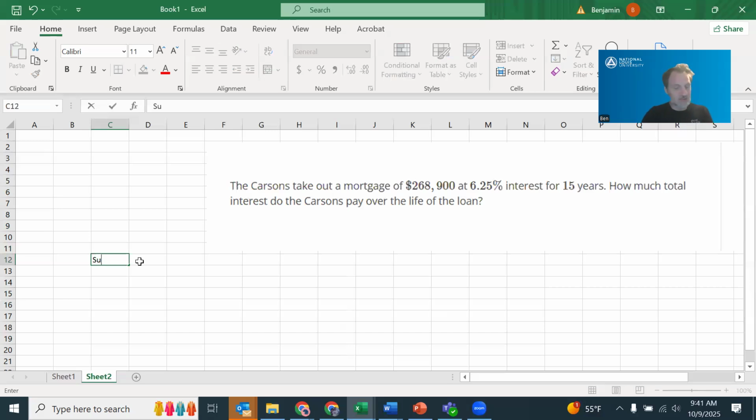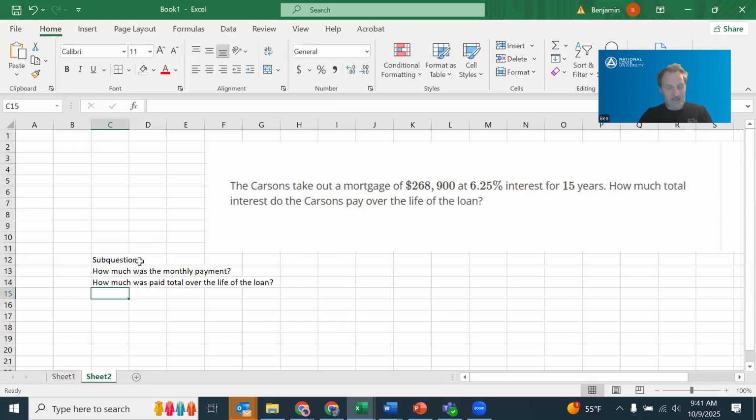I'm going to write down some sub questions that need to be addressed, which is how much was the monthly payment? And how much was paid total over the life of the loan? And then finally, I can answer the question, how much interest was paid over the life of the loan?